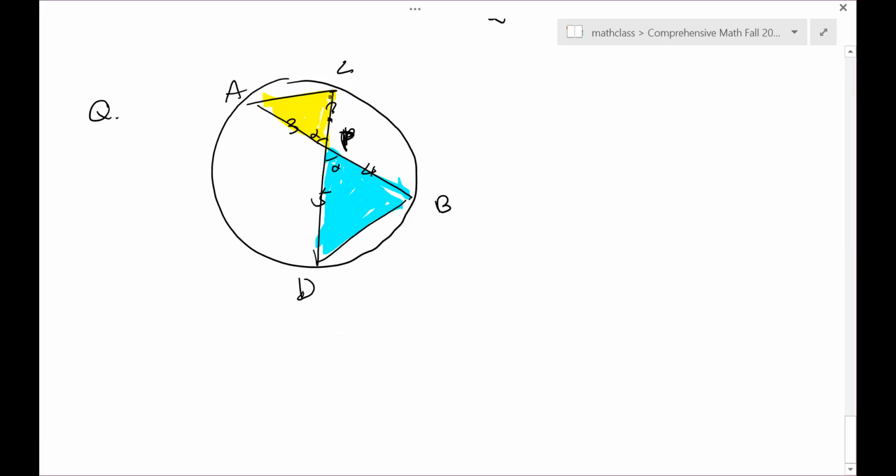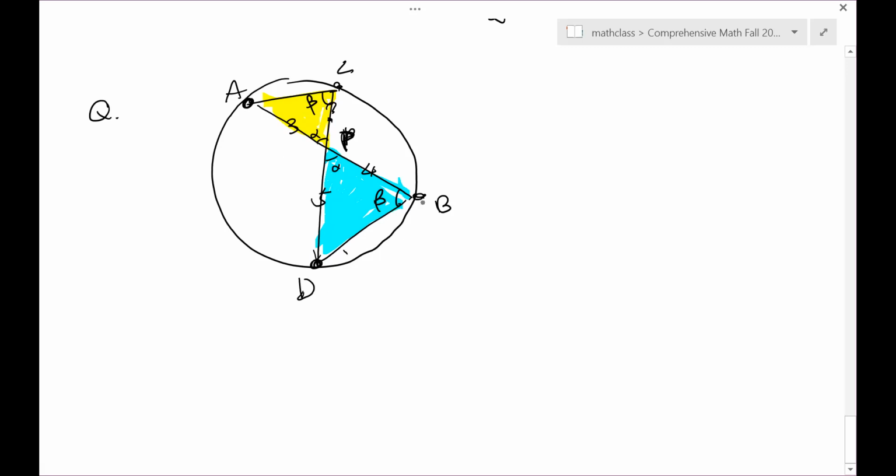Now I claim that this angle is equal to that angle too. The reason is that they have the same endpoints, coming from A and D, just at different locations. That's why the angles are the same.